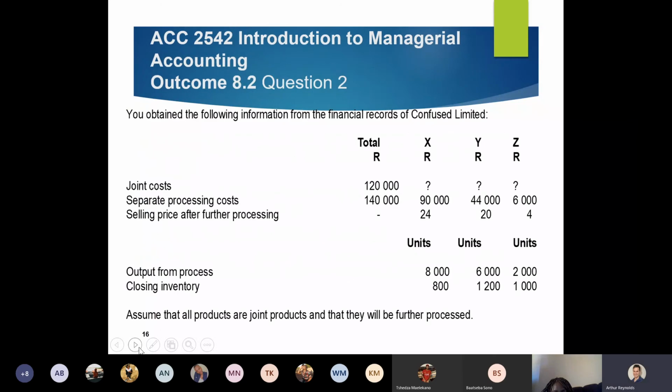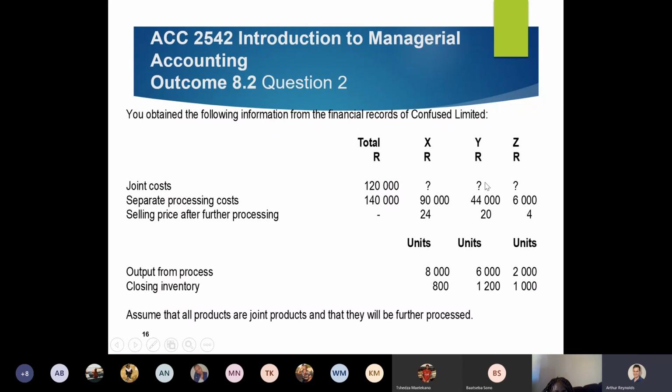Okay, so here is another example, slightly more complicated. In this example, we have joint costs of 120,000 Rand. We also have separate processing costs of 140,000 Rand allocated to 3 different products, 90, 44, and 6,000.